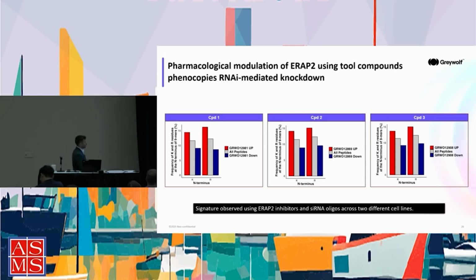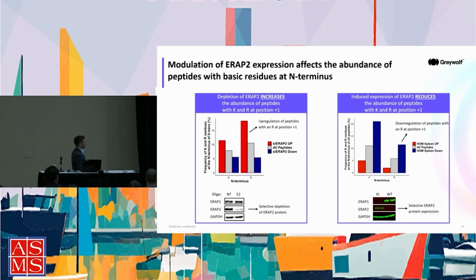So I showed you the data in siRNA. Exactly the same is happening when you inhibit with the 3 tool compounds. So we're getting these that are going up are increased presentation of peptides with lysine and arginine at P1, same here and same here.